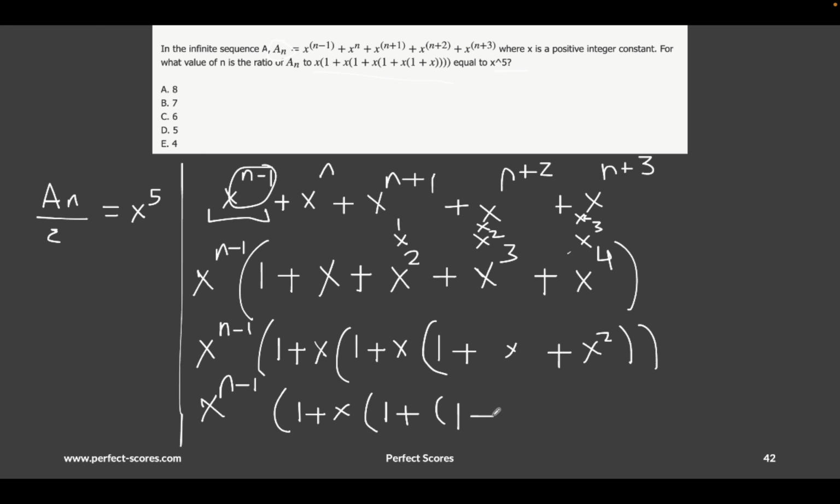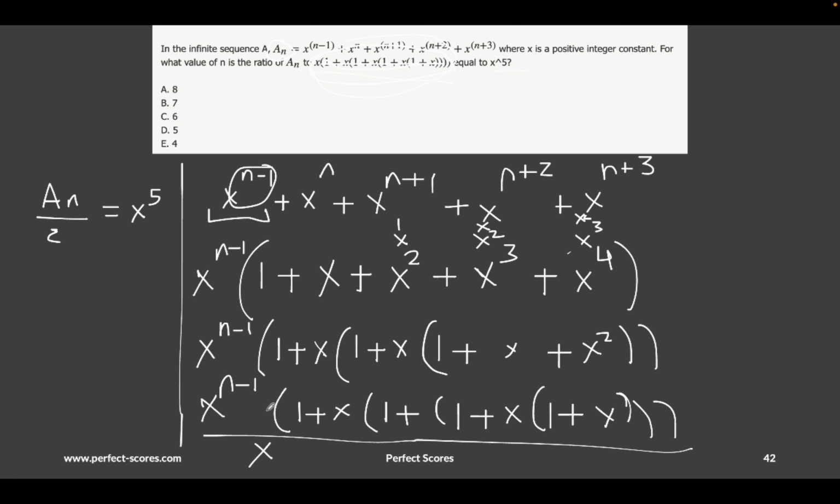I'm going to have 1 plus x, and if I take the x out, I'll have 1 plus x. So that's exactly what I have here, right? If I divide this by this expression here, you can clearly see that all this is going to get cancelled out. I'm just going to be left with an x here, right? So this is going to get cancelled out because that's exactly equal to this.